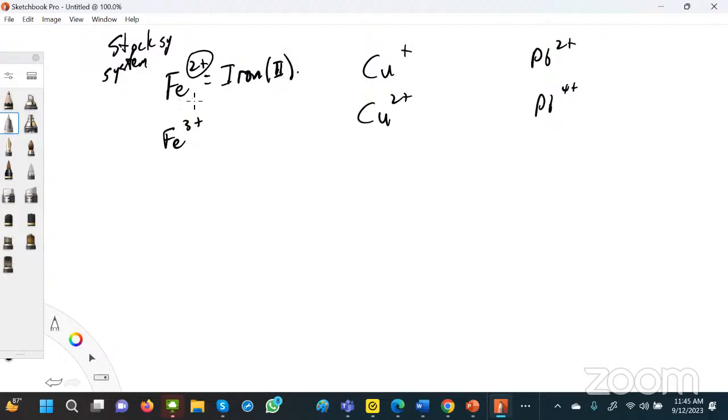So for example, Fe2+ is named iron(II), whereas Fe3+ is named iron(III).